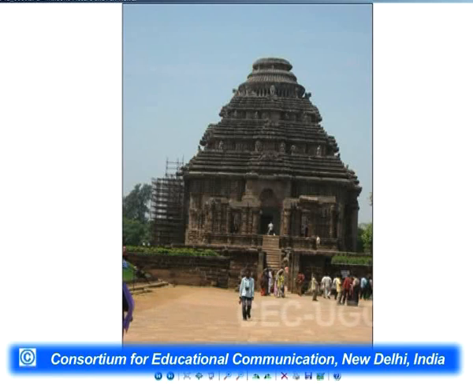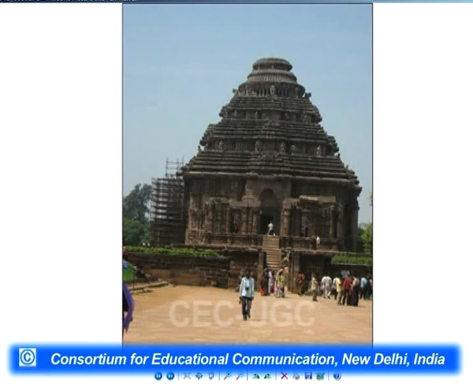The temple is being drawn as a Ratha of Lord Sun with 7 different horses representing the 7 rays of the sunlight. So, symbolically also this temple is very significant, and this is a very wonderful example of, or rather you can say the most interesting, most significant example of the Odishan style of temple.